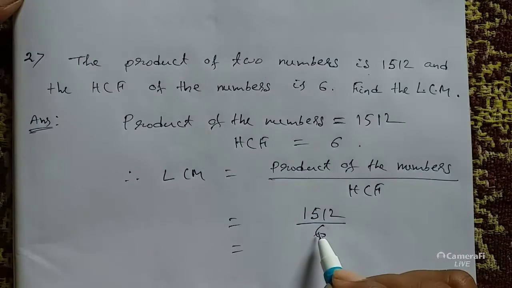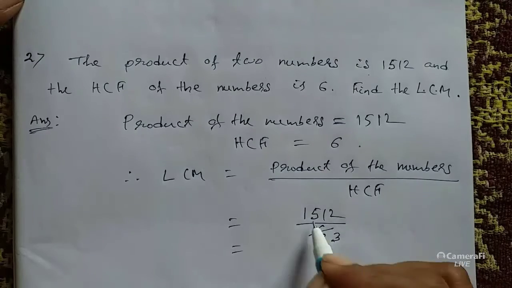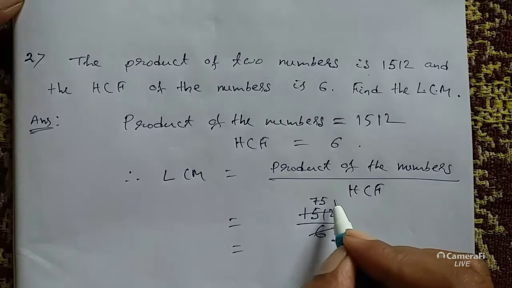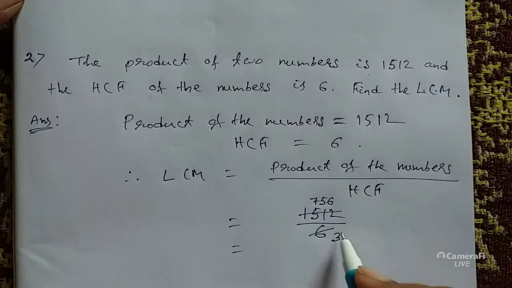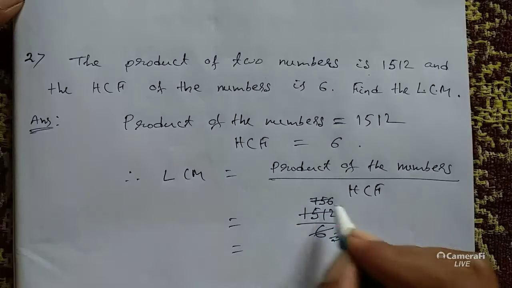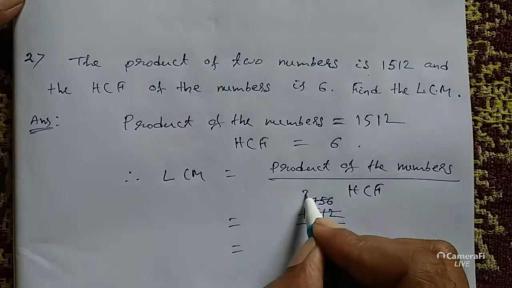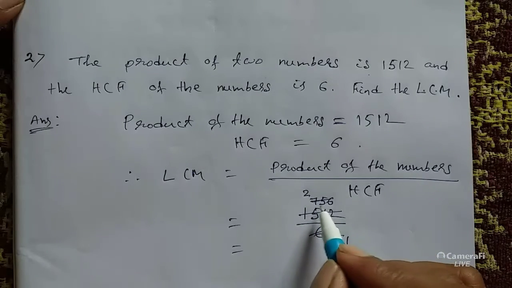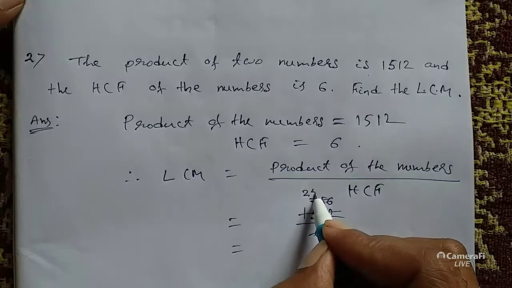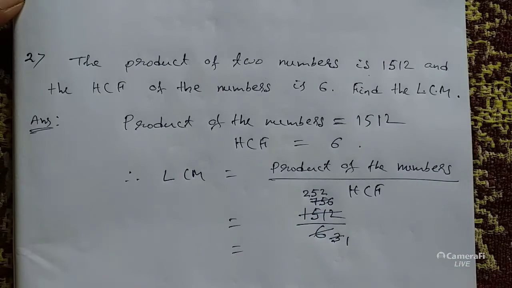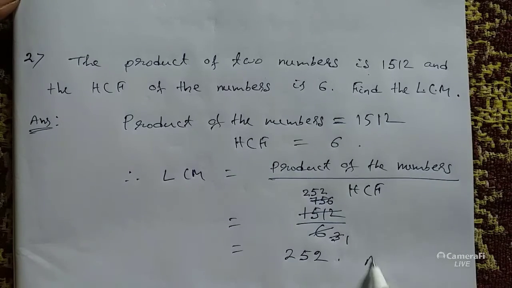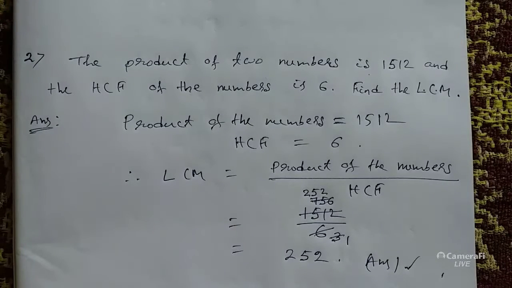We can divide each of these numbers by 2: 2 3 is 6, 2 7 is 14, 2 5 is 10, 2 6 is 12. Again 3 can divide this: 3 1 is 3, 3 2 is 6, 3 5 is 15 and 3 2 is 6. So we get 252 by 1, that means 252. So LCM becomes 252. This is the answer.